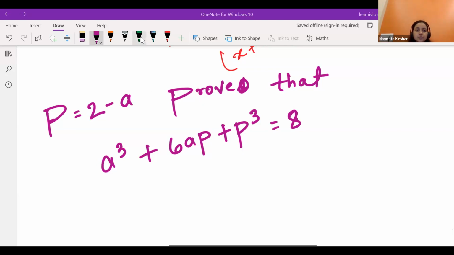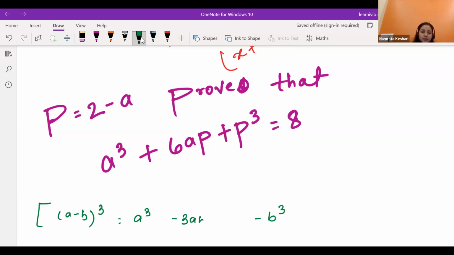Here you are supposed to use this formula: a minus b or x minus y whole cube, whatever you say, is a cube minus b cube minus 3ab in bracket a minus b. This formula you need to use.